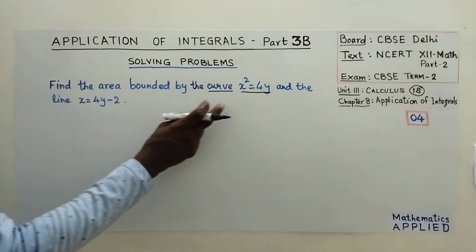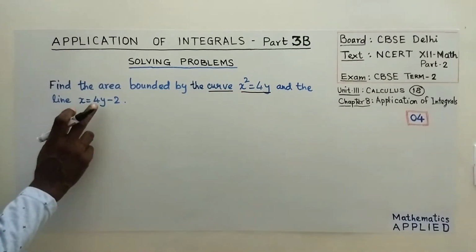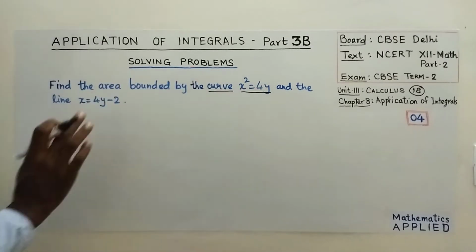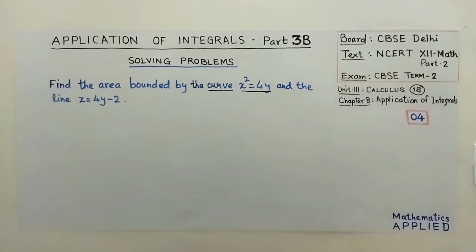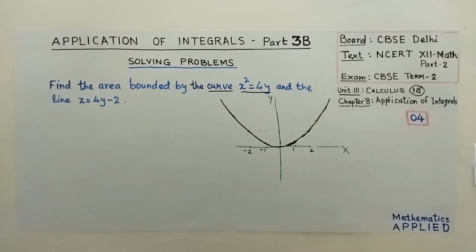Now we have to draw this curve. So let us draw this curve first. X square equals 4y. Let us draw that. I hope you would have tried drawing this. I paused the video and I tried to draw this.